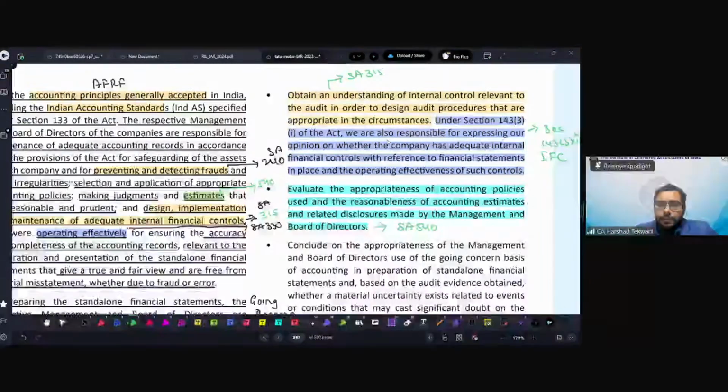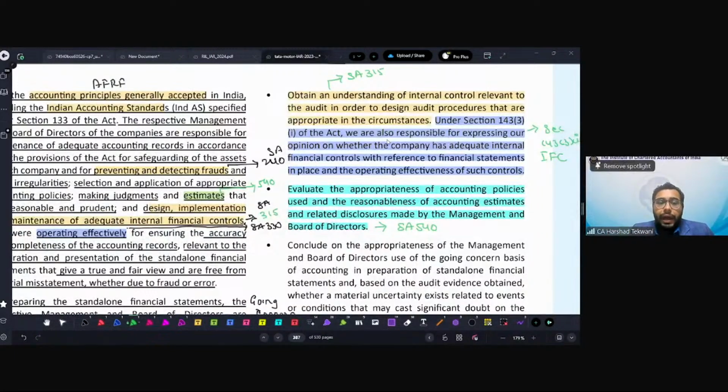What was 510? Initial audit engagement, opening balance. So over there, we were discussing the consistency of the accounting policy, whether the accounting policies had been applied appropriately as they were applied in the previous financial year. So consistency of the accounting policy, one part was coming from SA 510.